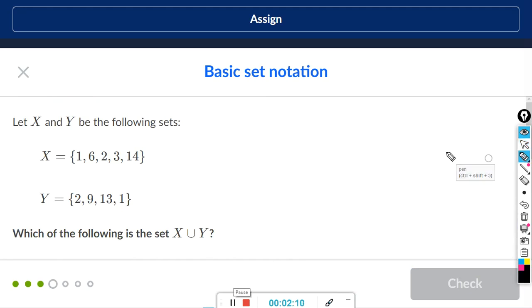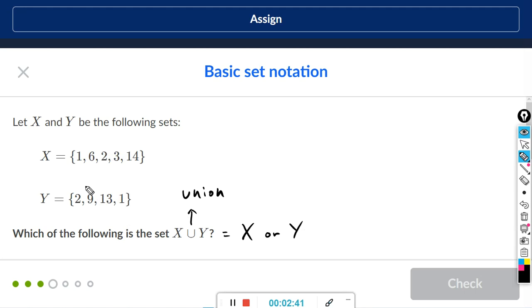All right. So here again, we have our values for X. We have our values for Y. Which of the following is the set X union Y? Okay. So the upright U, it stands for union. It's the same as saying X or Y. So instead of looking for the overlap, you combine the two numbers, the two sets, I should say.